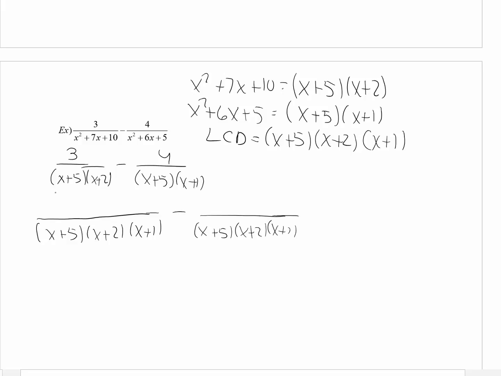Okay, so what factor is missing in this denominator that is in this denominator here? Well, that's x plus 1. So multiply the top and the bottom by x plus 1. Distribute.